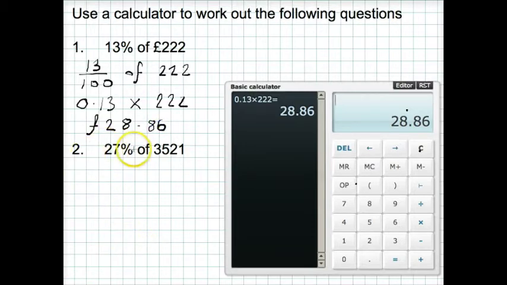Question 2. 27% of 3521. Same thing, let's write it as a fraction first. So 27% is the same as 27 over 100, or 27 hundredths of 3521.